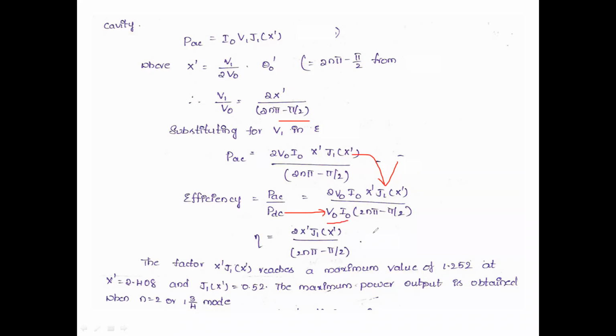By making simplification, we are getting 2x dash j1 of x dash divided by 2n pi minus pi by 2. This is the efficiency for reflex klystron.